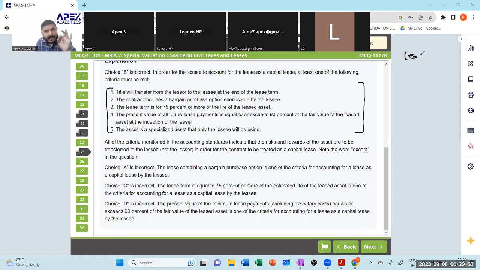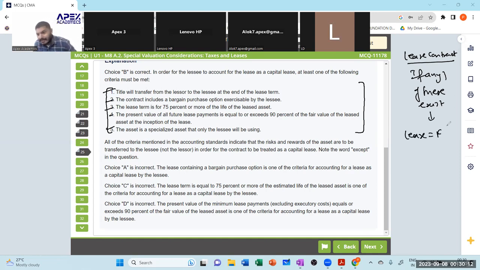In the lease contract, if any one of these exists, any one of 1, 2, 3, 4, 5 exists, then the lease is a finance lease. Otherwise, what is it? It is an operating lease.